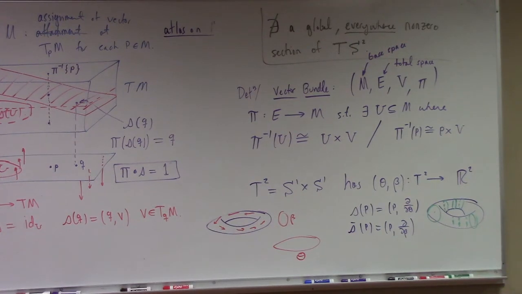And the term fiber is because really we have pi inverse of P is, up to diffeomorphism, P cross the F. So again, the intuitive picture is just that we're gluing a copy of the fiber above each point in some sort of systematic way.